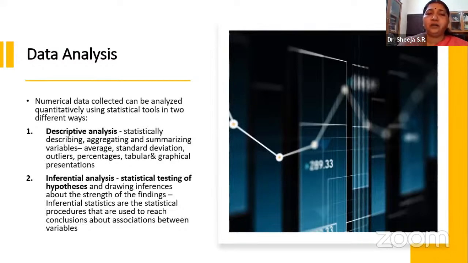We have certain statistical procedures which are used to reach conclusions about association of different variables. You can use different types of testing of hypothesis depending upon the situation. That is known as inferential analysis. So broadly, we can classify data analysis into 2 parts: descriptive analysis and inferential analysis.